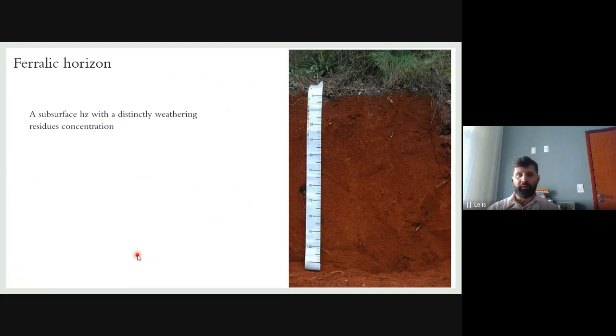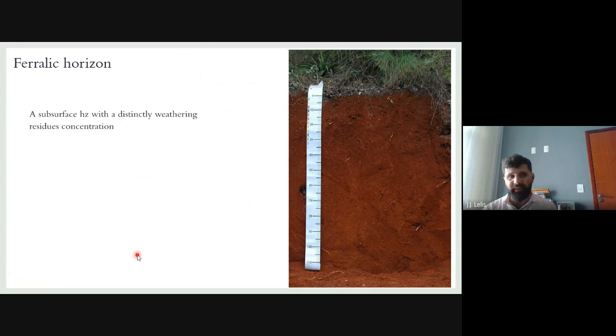Okay, so the Ferralic horizon is composed of low activity clays, always, because the Ferralic horizon is formed by intense and deep weathering and leaching.